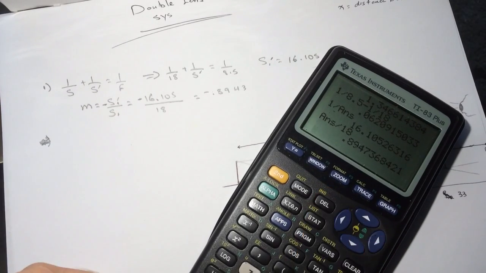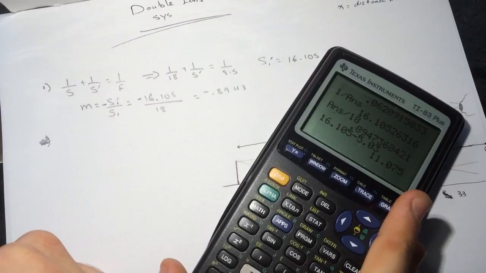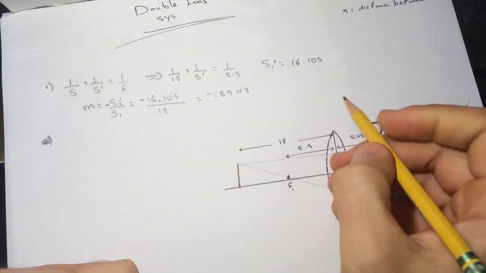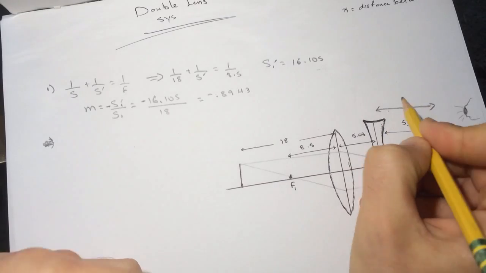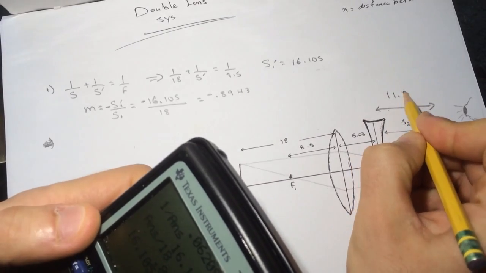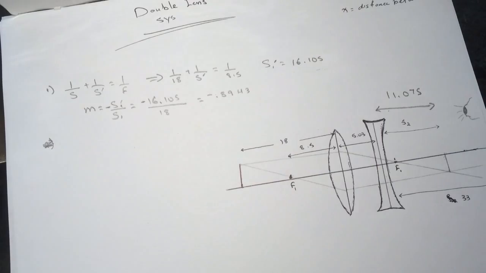So 16.105 minus 5.03, you'll get 11.075. So s2 will be 11.075.